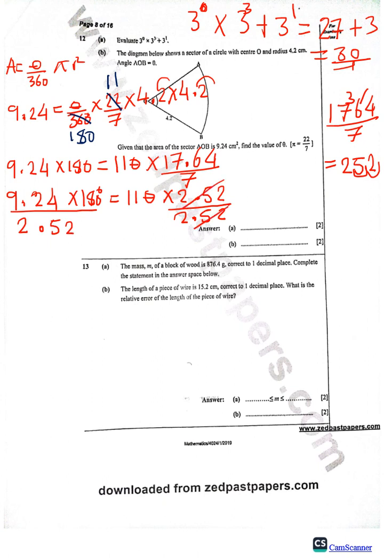So we can say 11 theta here is equal to... now what I'm going to do is just divide 9.24 by 2.52. Okay, so let's check for this one.